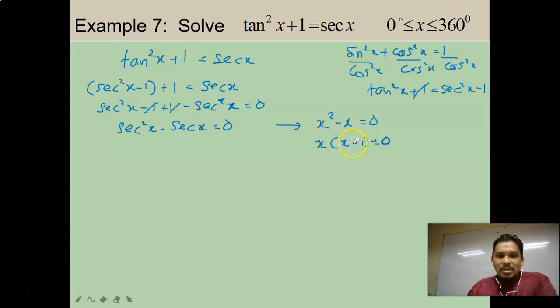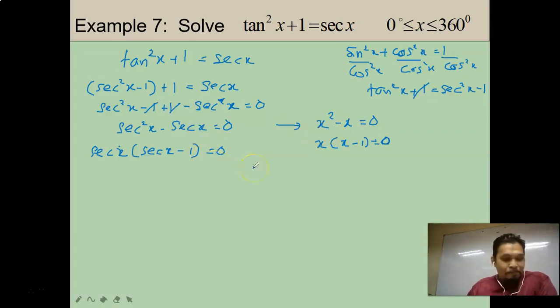So we're going to implement this here, which means we factorize secant x, giving secant x minus 1 equal to 0. This is only an example to implement. We call this factorization in this question.